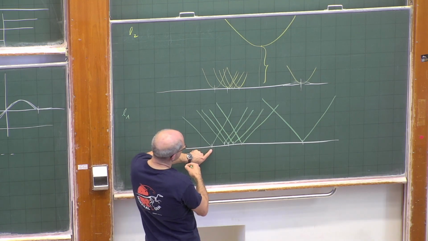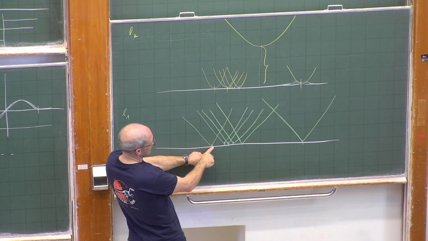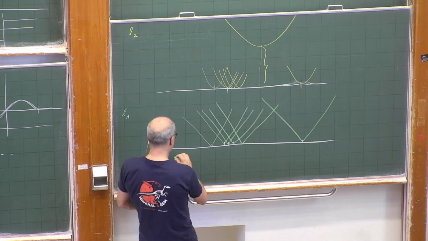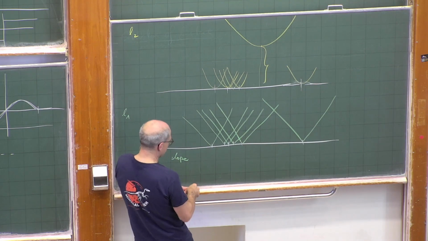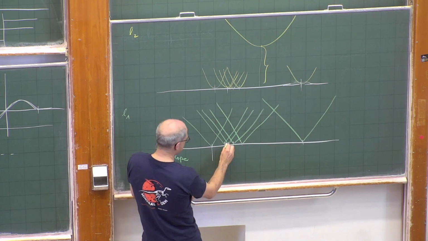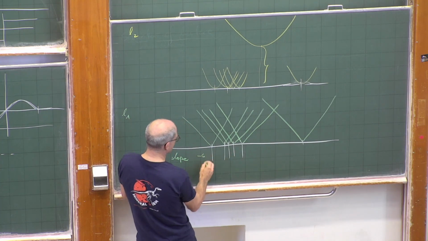And at this point, one of them changes. So let's look at the slope. Slope here to the left of this point is going to be -6.